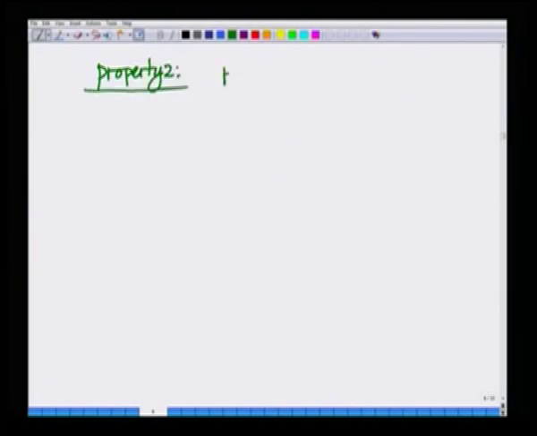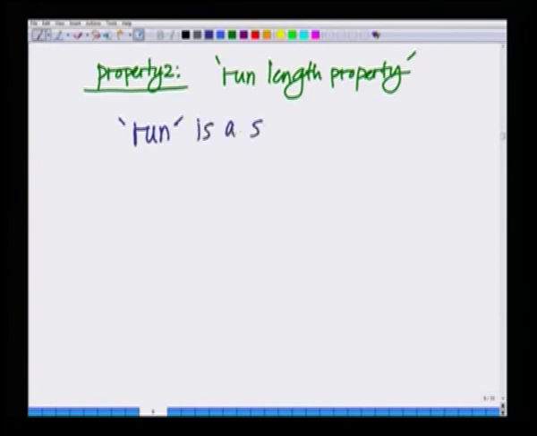This is known as the run length property. A run is a string of continuous values.